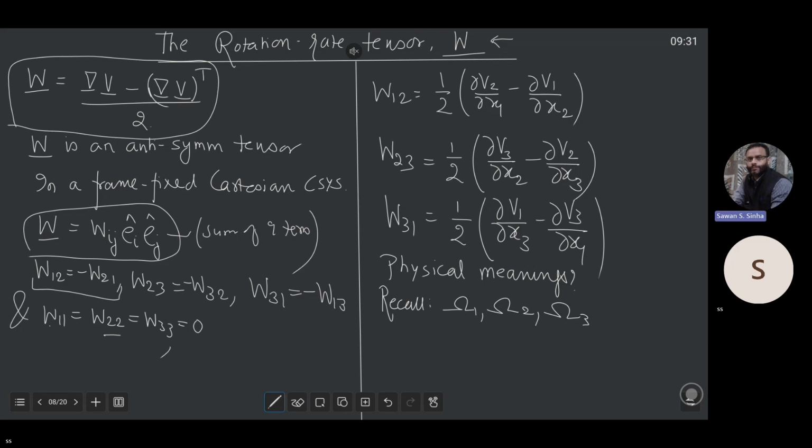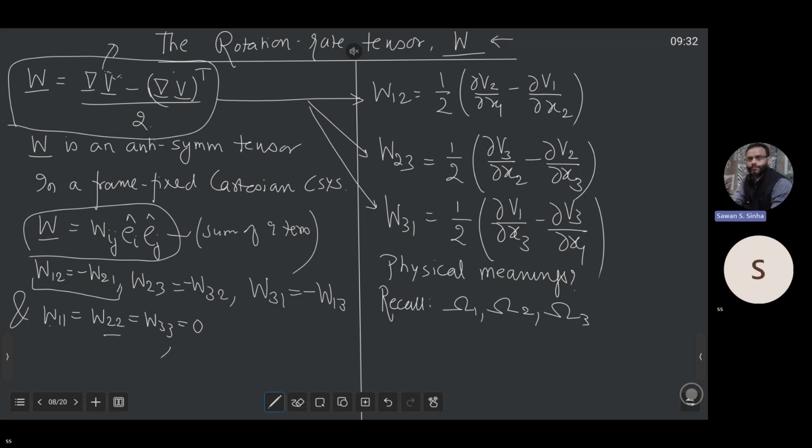If you work it out, these are the components that you will get. You can see it, almost. यहाँ से 1 2 component निकालेंगे, that will be 1 2 will be del V2 del x1, इसका 1 2 component, और इसका 1 2 component will be del V1 del x2. दोनों को माइनस कर दिया, हाफ लगा दिया. These are the components split up.